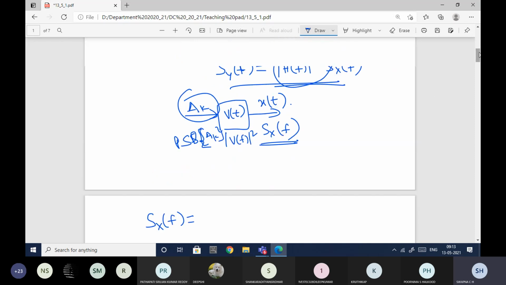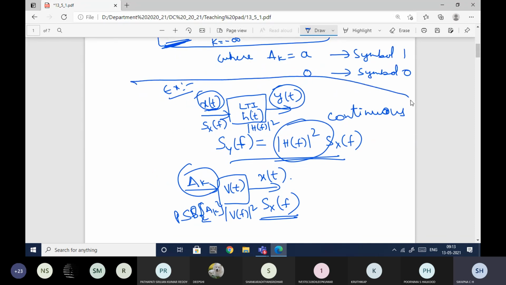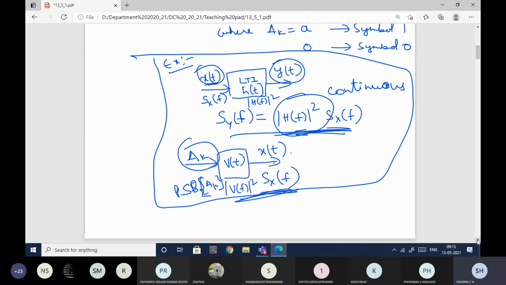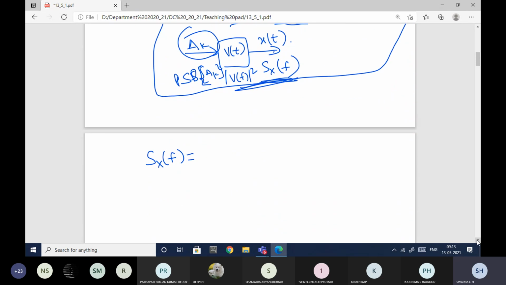See, all this whatever I have explained here is only for your understanding. Because if I directly write Sx of f as this kind of equation, you will not understand. That is the reason I am trying to explain and correlate with the actual process.